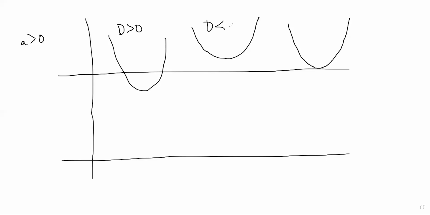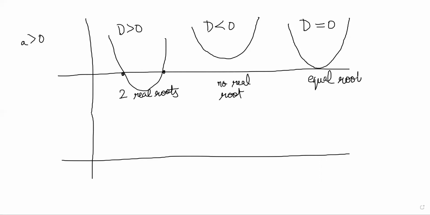This is d less than 0, and this is d equal to 0. So here there are two real roots, which are alpha and beta. Here there is no real root, and here there are equal roots. Equal roots are basically two repeated roots, alpha, alpha.